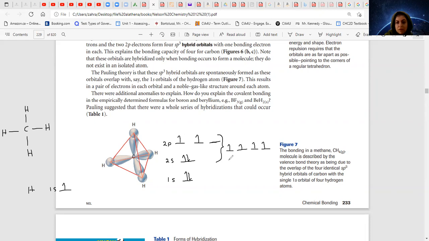So this is the hybrid. We need to form a hybrid in order to make four same bonds here. Now, one of these will bond with one hydrogen, and another with another hydrogen, and so on. We have 4 bonds with hydrogen around carbon.